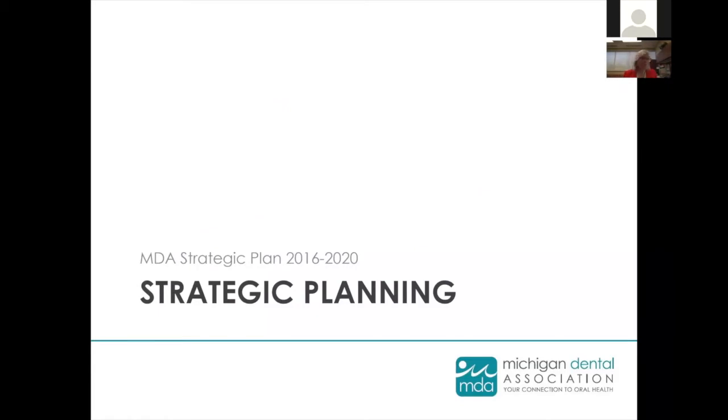We have 4 overarching goals in our strategic plan, and the plan is a 4-year plan because it's very difficult to get anything substantial done in just 1 year. Now, the plan is a focused plan. It does not include every activity that the MDA undertakes, and it certainly is not an indicator of what is most important to the Michigan Dental Association.